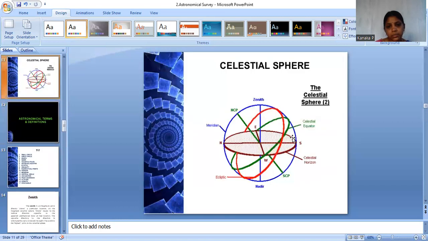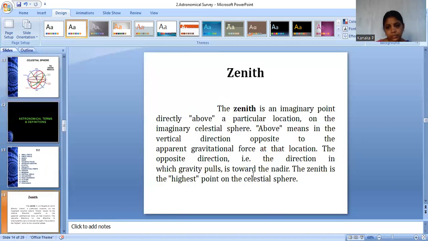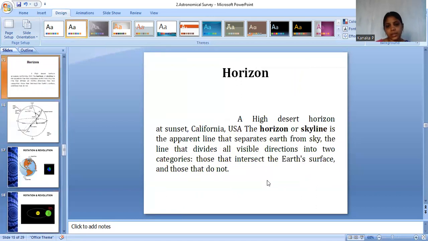So this is the zenith, the vertical position above the circle of the celestial sphere, opposite to the nadir, the direction of gravity pull. So zenith is the highest point on the celestial sphere, and the nadir is the lowest point.